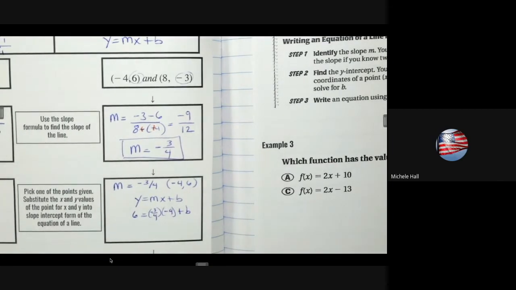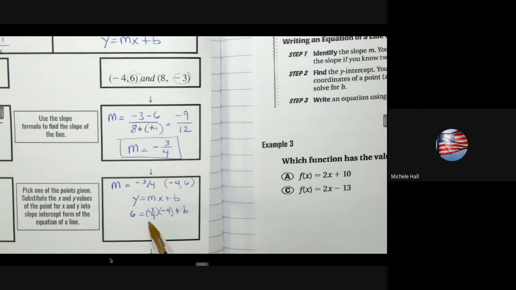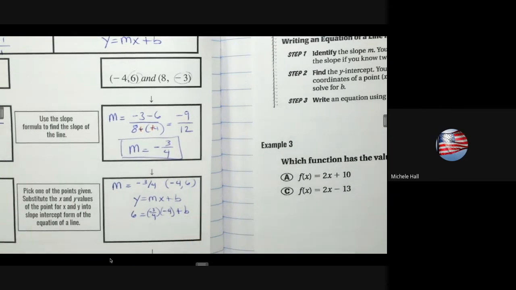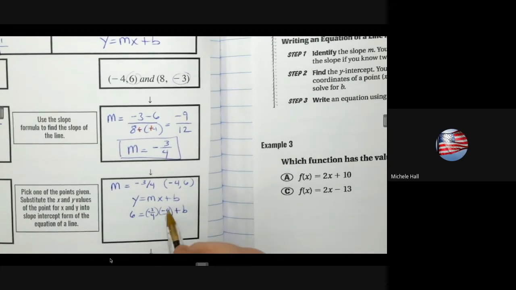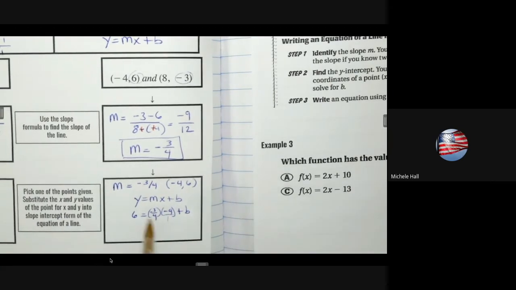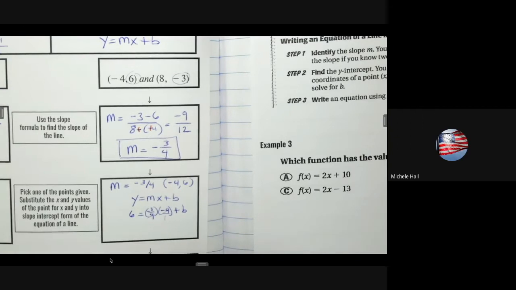And now I need to simplify. -3/4 times -4. We get that 6 equals, negative times a negative is a positive. And then if I multiply straight across, or if I cancel my 4s, I can see 12 divided by 4 is 3, or I can just cancel those 4s, and we have a positive 3.